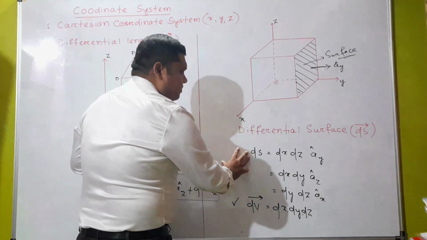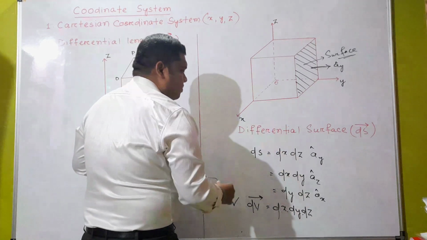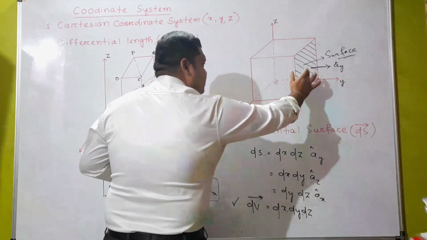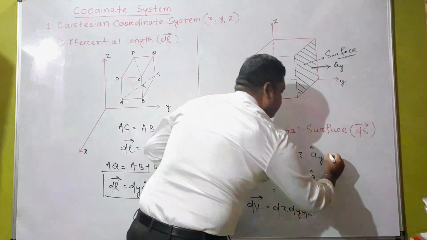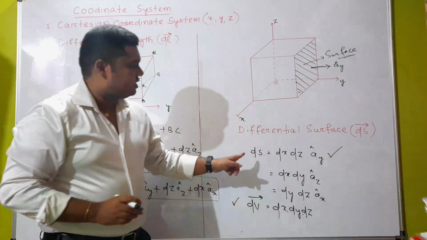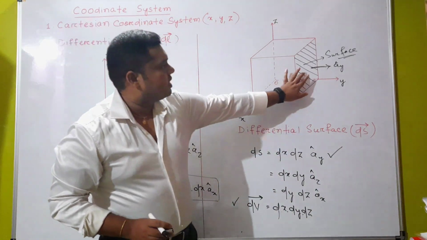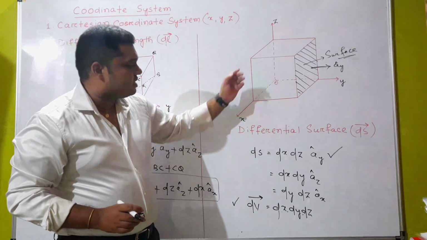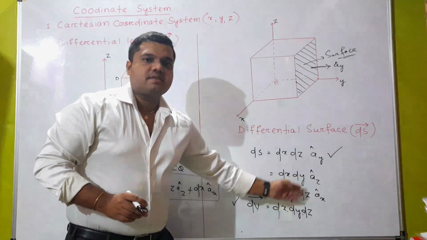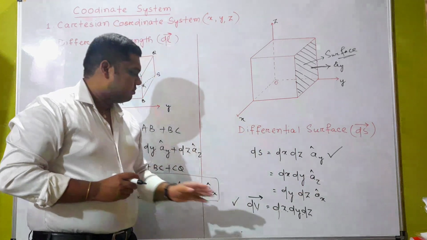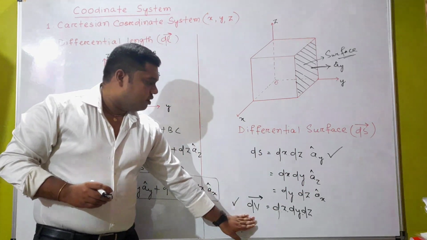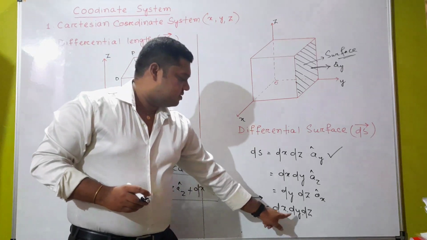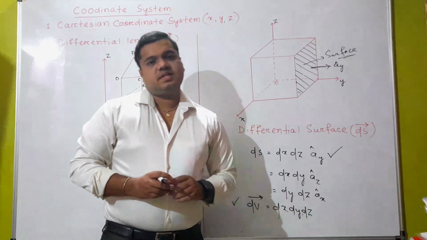This is the differential surface: in the Cartesian coordinate system, it is dx dz for this particular surface. Similarly, if you consider any other surface, these are the differential surfaces in the Cartesian coordinate system. And the differential volume in the Cartesian coordinate system is equal to dx into dy into dz.